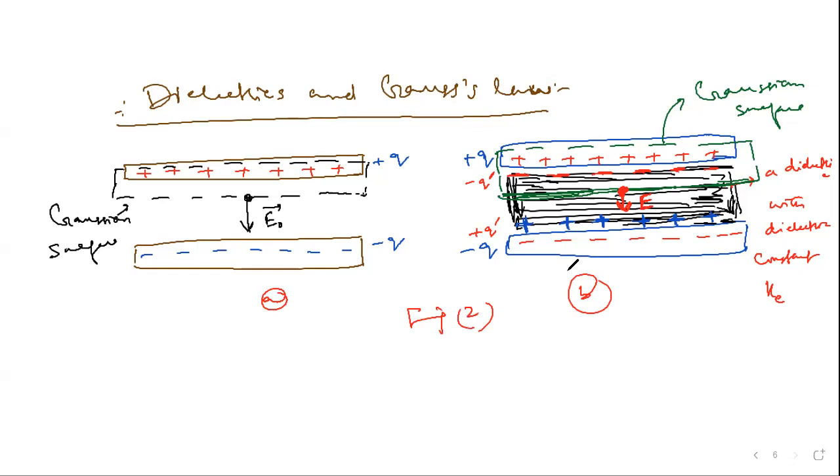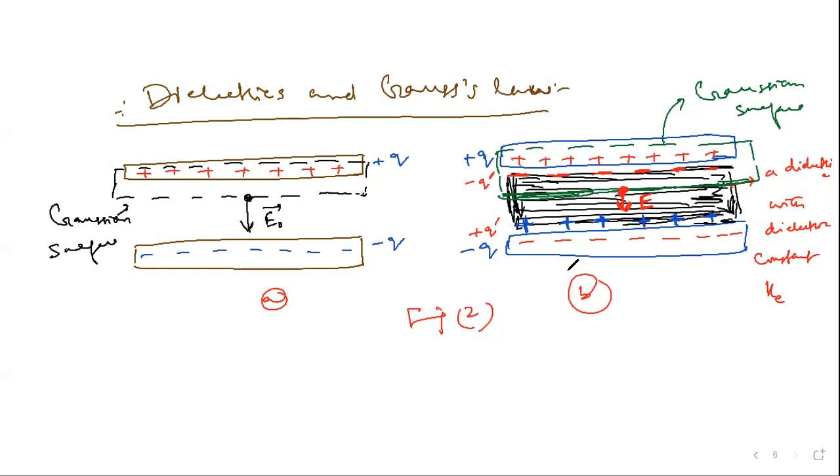So this figure 2 shows the capacitor both with and without the dielectric. In part A, I have a parallel plate capacitor which is charged. So plus Q is charge on one plate, minus Q is charge on the other plate.